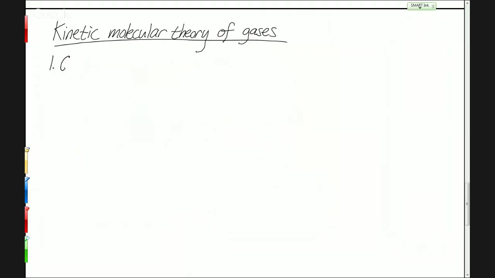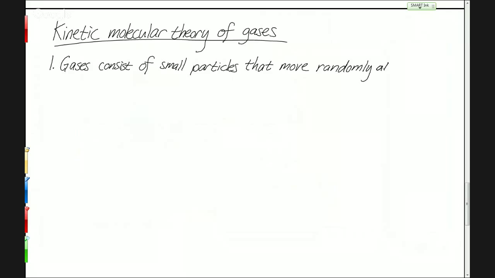First, gases consist of small particles that move randomly at high speed.